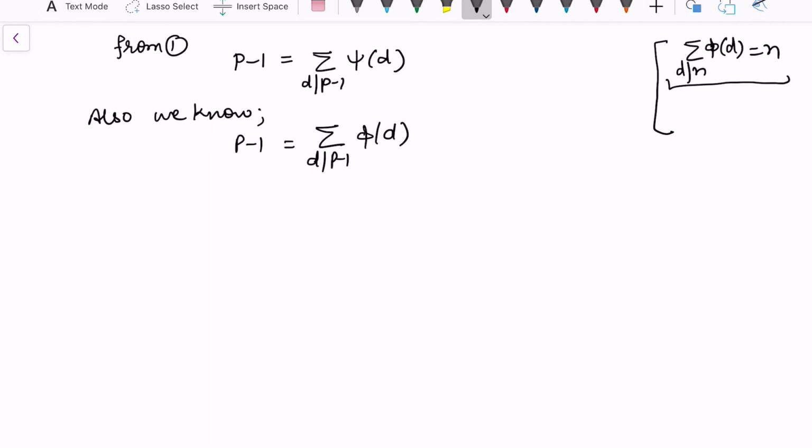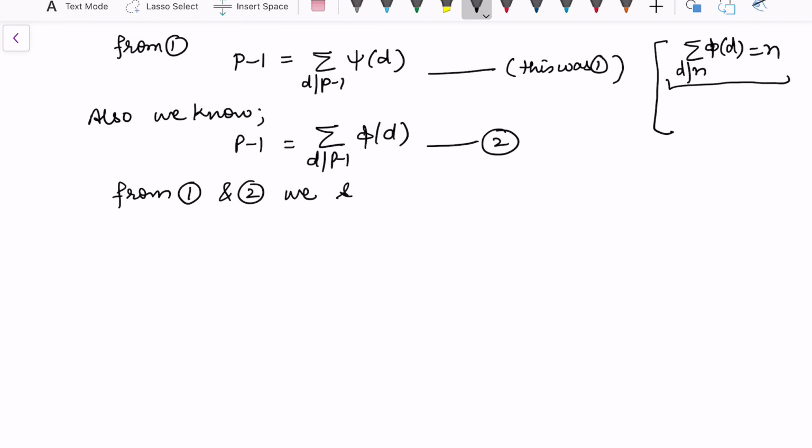So from these two, if I consider this as 2 and the earlier one as 1, from 1 and 2 we see xi D is equal to phi D. Now how to prove this, because here it is a summation sign?